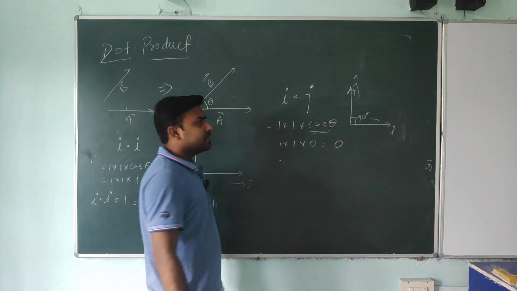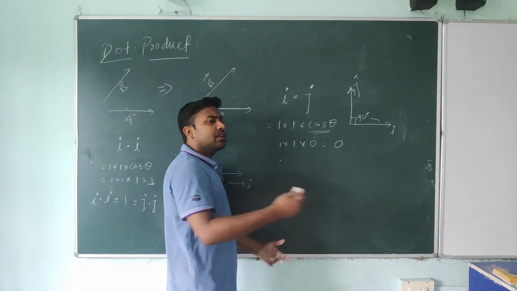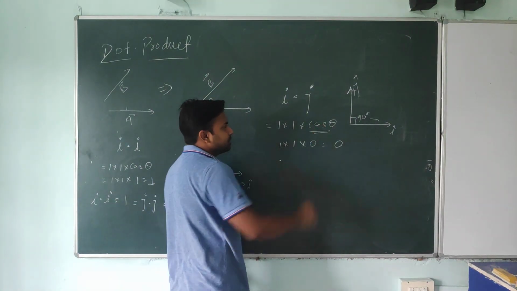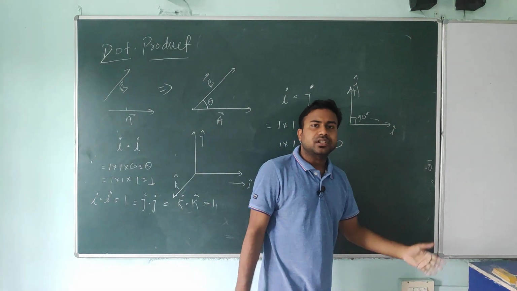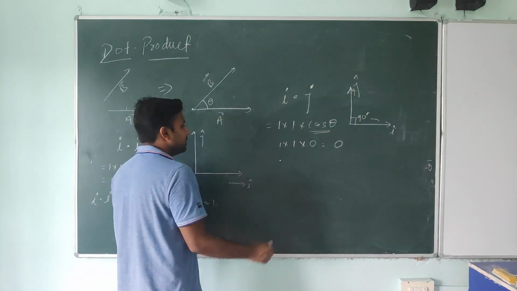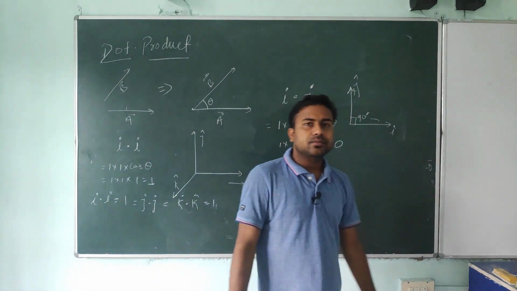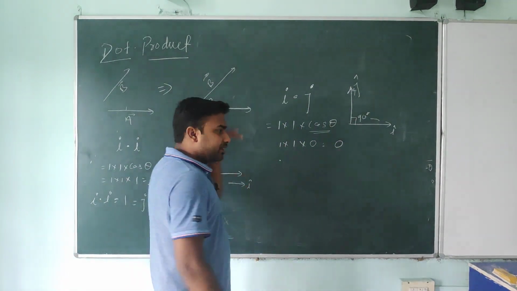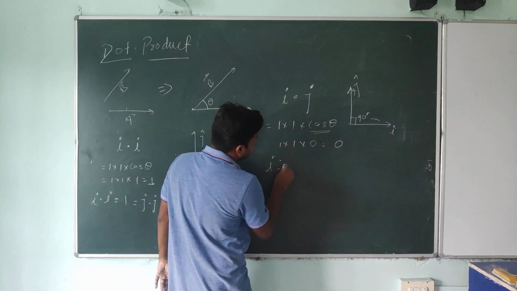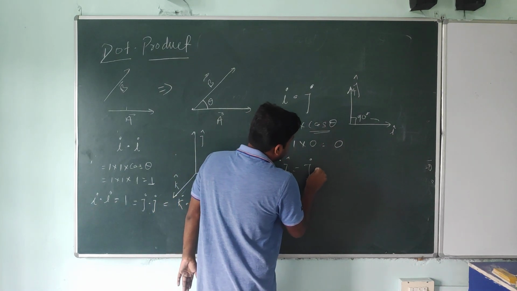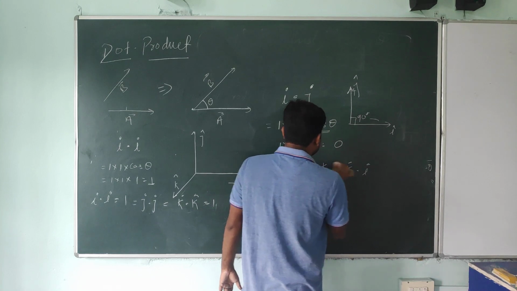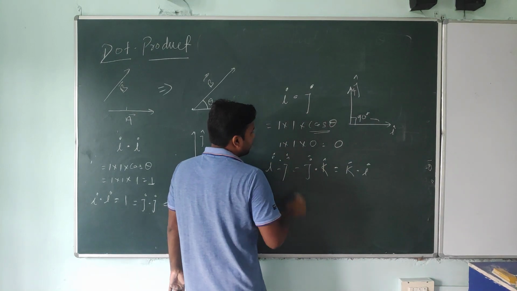It means if you are taking a dot product with another unit vector, you will get 0, because the angle between them is 90 degrees. Standard unit vectors here mean i, j, k. So if you are taking i dot j, j dot k, k dot i, in all cases what will you get?